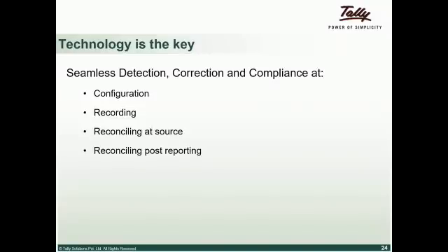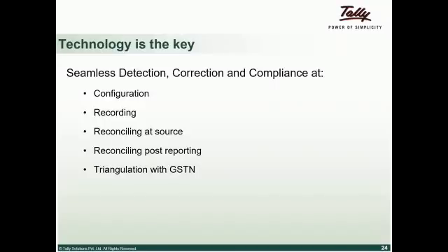Then, reconciling at source: I have recorded my purchases and sales, so how quickly can I reconcile and make sure that whatever information the GSTR wants, in whatever column they want, is being captured properly in my books of account, so that I'm able to quickly port it to my GSTR1?